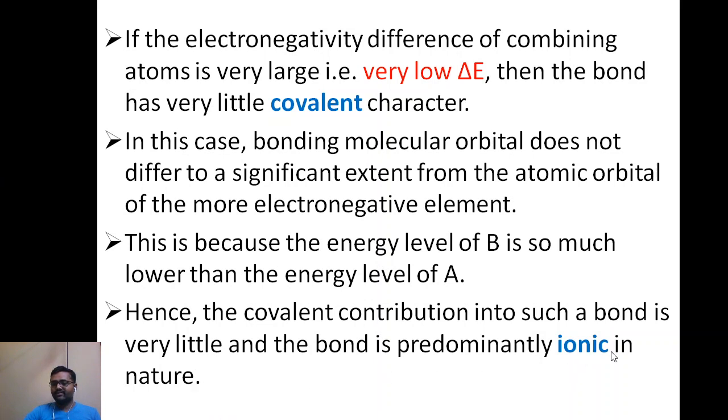This is a very important point. Homonuclear and heteronuclear molecules are both formed as covalent bonds, but as the electronegativity difference increases, the delta E value decreases, affecting the nature of the bonding between the two atoms, and it becomes predominantly ionic.